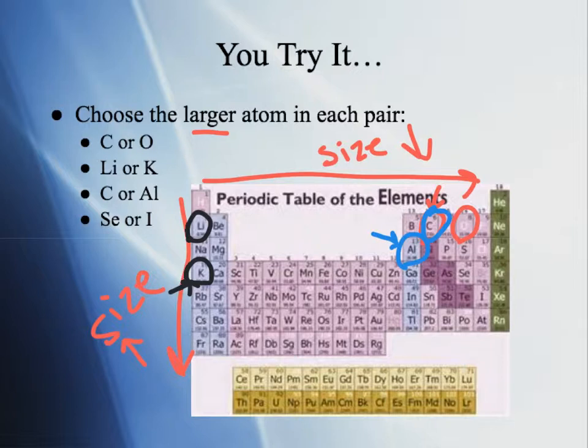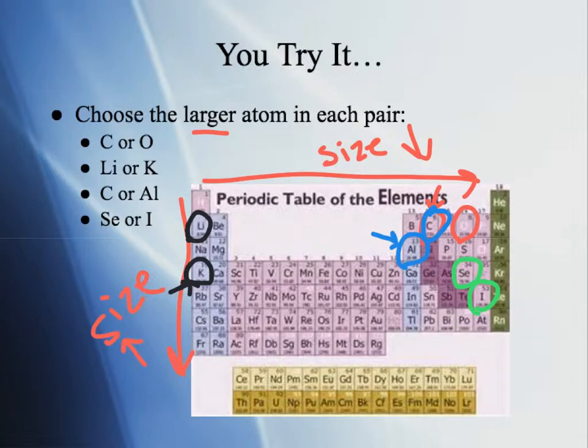Now, last but not least is selenium versus iodine. Okay, so which one's going to be bigger? This one is kind of a toss-up because remember, as you go across, size decreases.